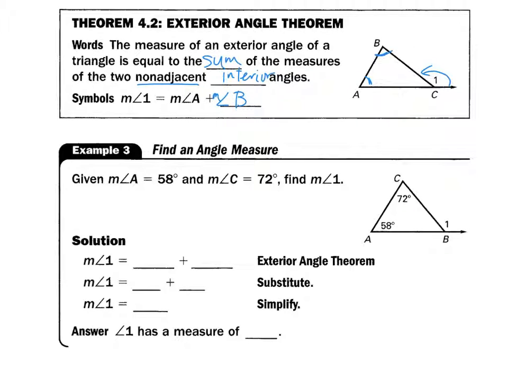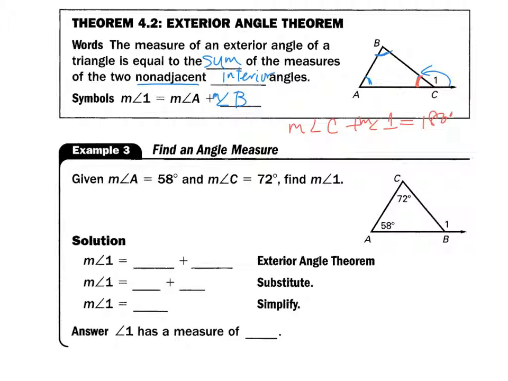The reason for that is, let's call this interior angle here, I'll use a different color, let's call that C. Notice that the angle measure of C and the angle measure of 1 have to equal 180 degrees because 1 and C are supplementary angles, right?